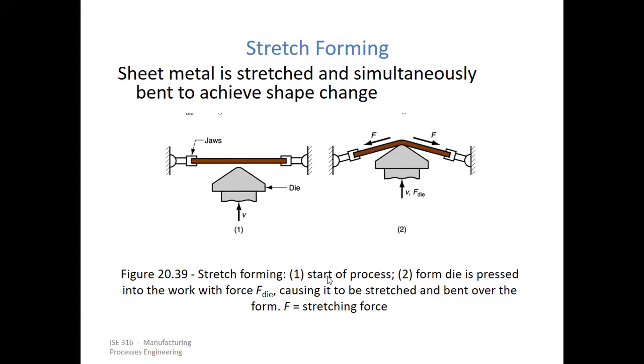So then it causes it to be stretched. The force F die is basically the force given by the die, but we can also say it is the force exerted by the sheet on the die, because as we know, action is equal to reaction.